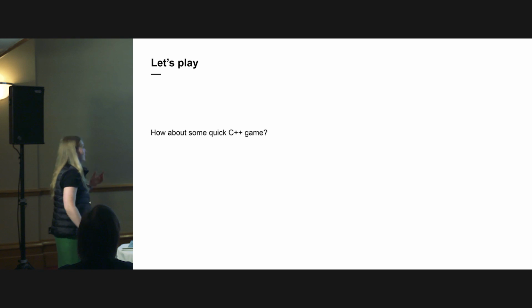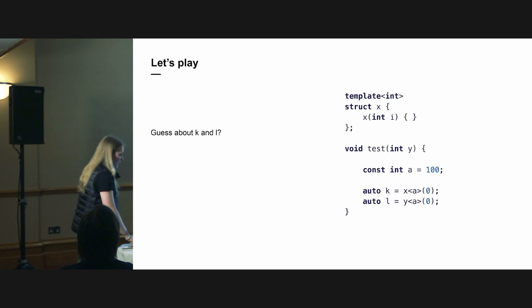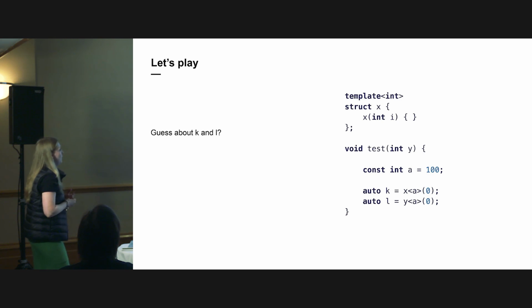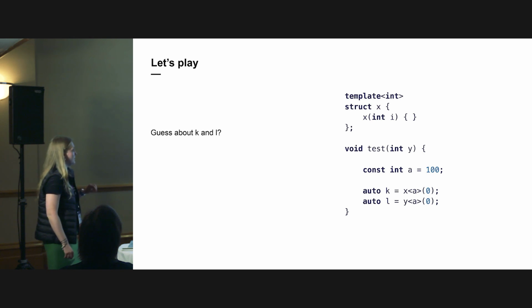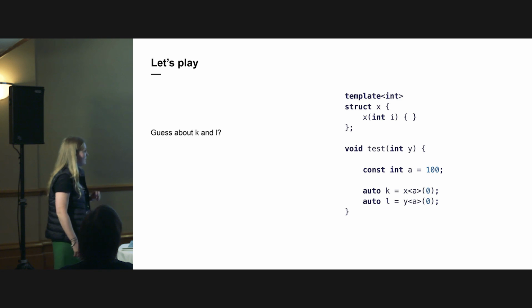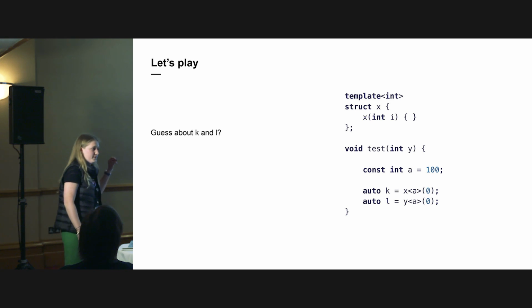So before we really start, let's play a C++ game. Let's take a look at the following piece of code. A very short, very basic example. You see two very similar lines at the end of this test function. You could guess what K and L are here. Actually, the lines really look very similar.